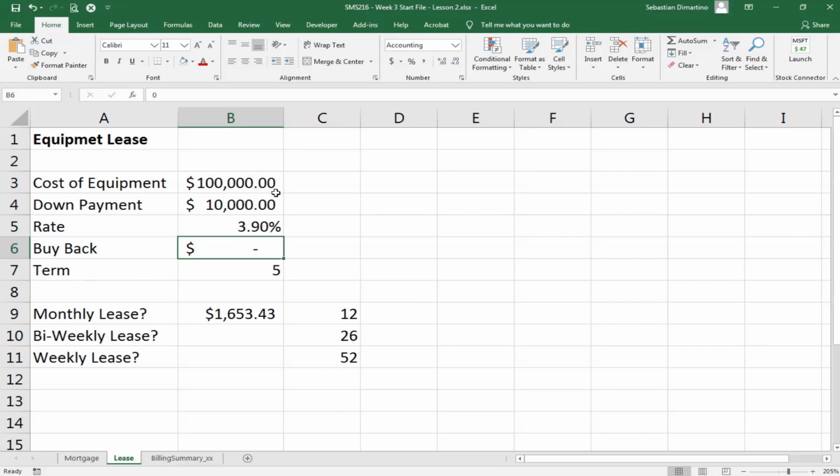You're actually leasing the full 90,000. Okay, so just make sure if you need, you can ask me questions about it. But I invite you to do a little extra research on your own to see what residual values and future values are and what they're all about. Okay, but that's how you calculate it. Let's do the next one.